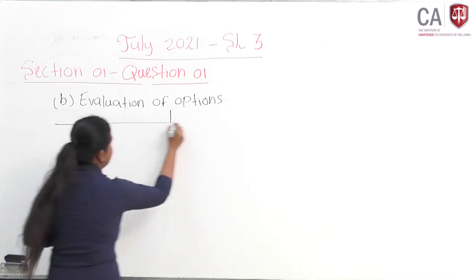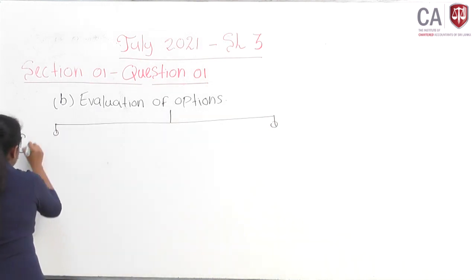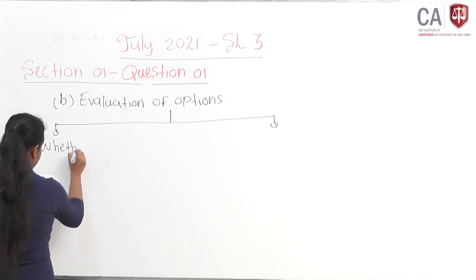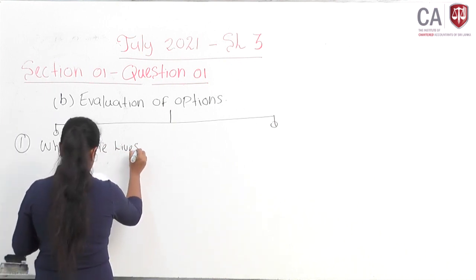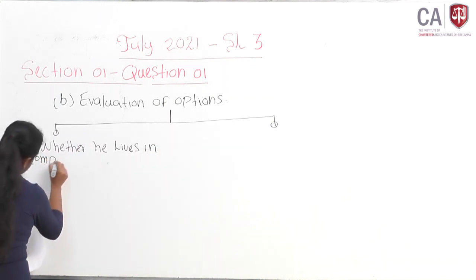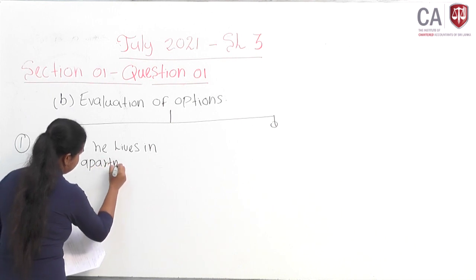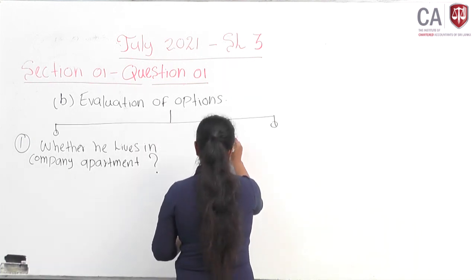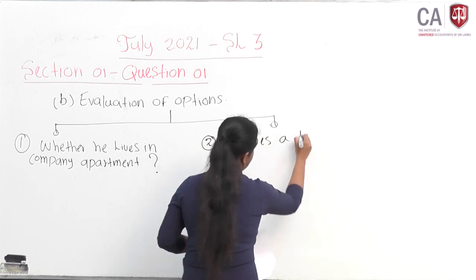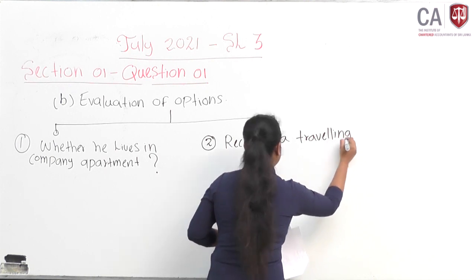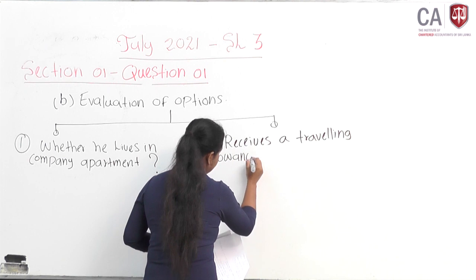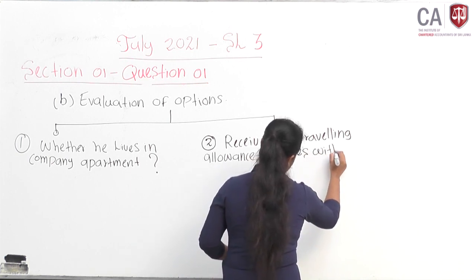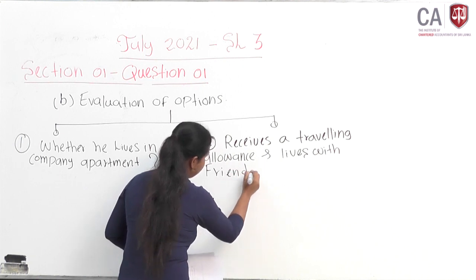The two options given: option 1, whether he lives in the company apartment, and the second one, he receives the travelling allowance and stays with a friend. These are the two options.